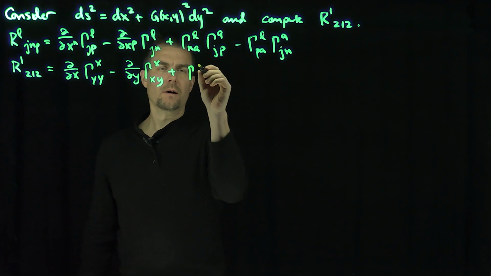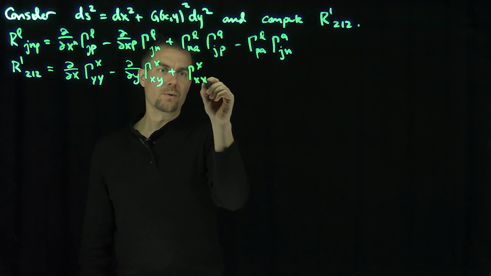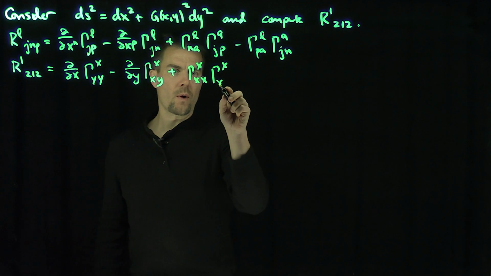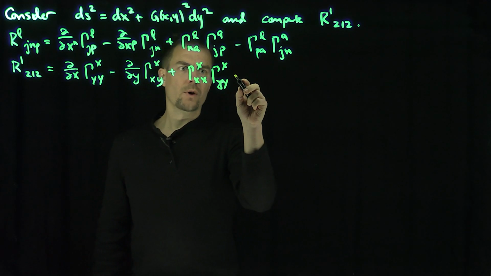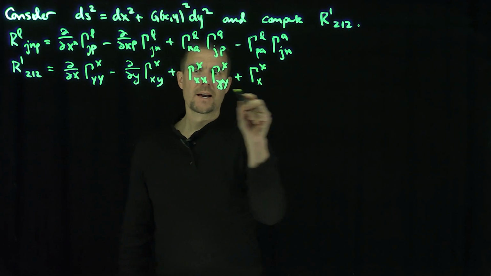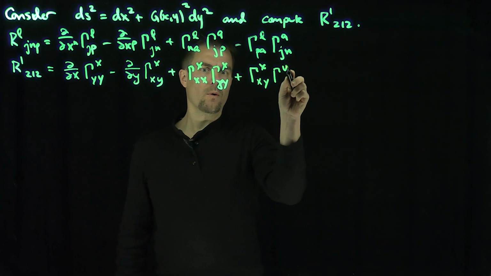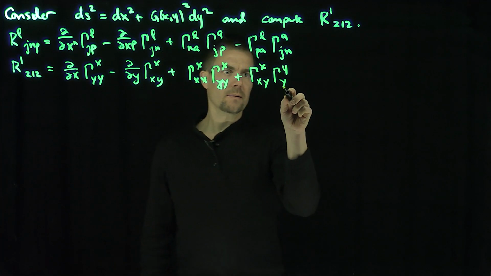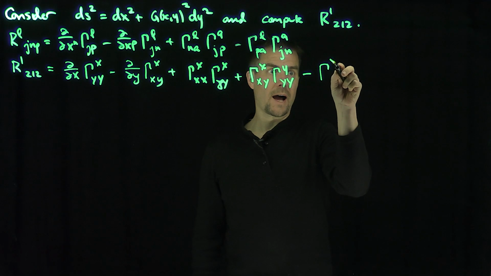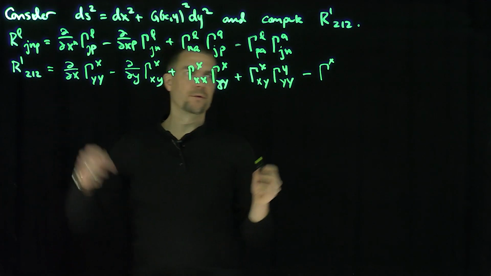So gamma of x, x, then gamma x, J and P are 1 and 2, so that's a y. Then I can do a plus gamma x, n is again x, and I did an x first, and I have to do a y, gamma y, and then J and P are y, y. Minus gamma of x, P over here is equal to 2, so that's a y.